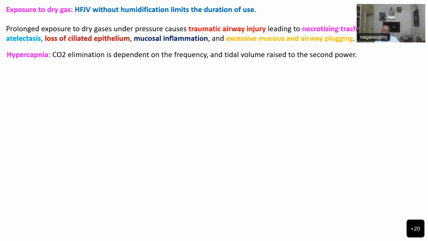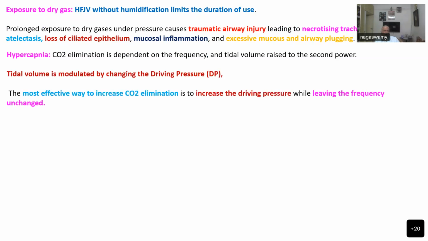Hypercapnia is the most important disadvantage with this particular thing. So CO2 elimination is dependent on the frequency and tidal volume raised to the second power of the jet ventilation. So tidal volume is modulated by changing the driving pressure. Most effective way to increase CO2 elimination is to increase the driving pressure without increasing the frequency.